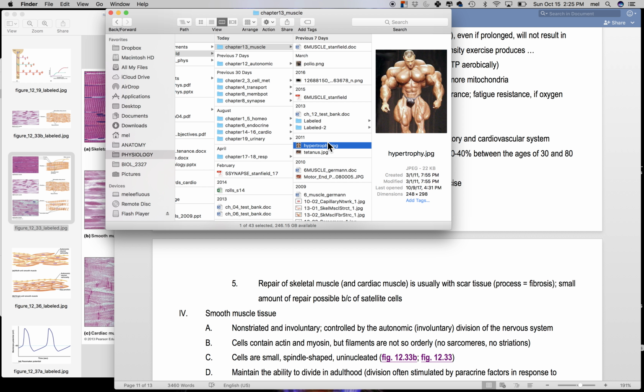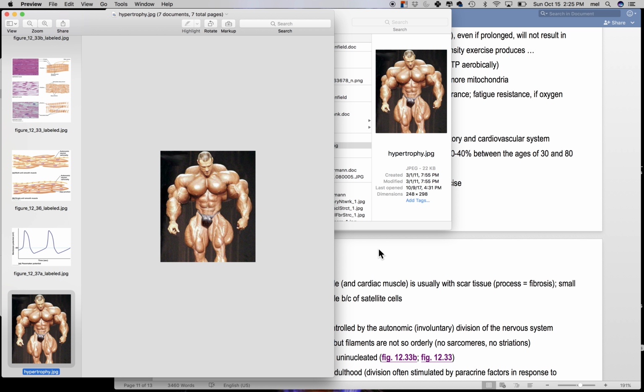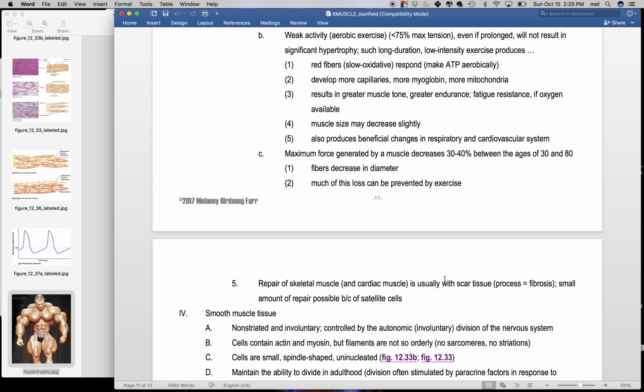So if you do aerobic activity, you are not going to look like this. Okay. That is not how that type of activity works. This probably had a lot of testosterone involved too, but the muscle size may decrease slightly. Now, it's not necessarily decreasing in mass, but because of the tone, it may actually look slightly smaller. And of course, this produces beneficial changes in the respiratory and cardiovascular system.